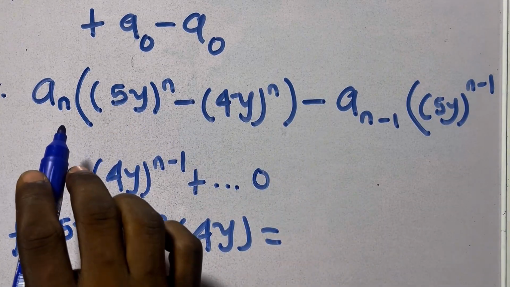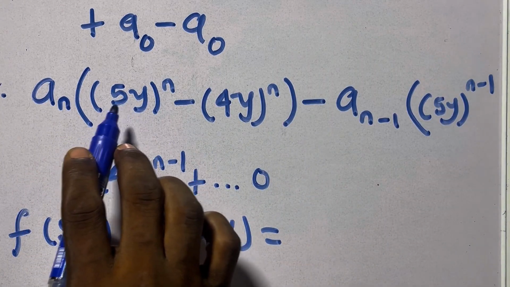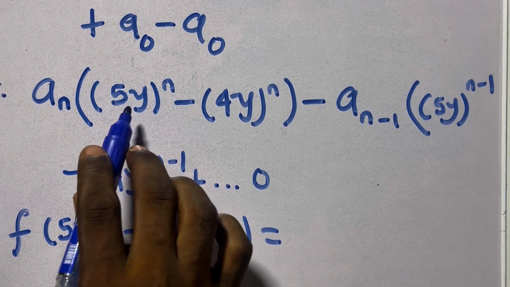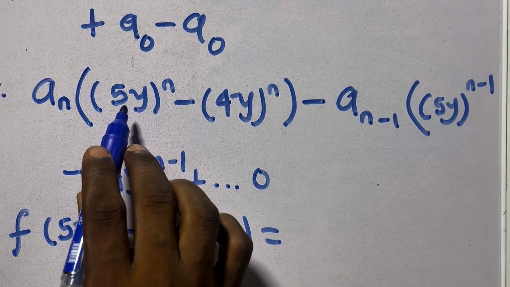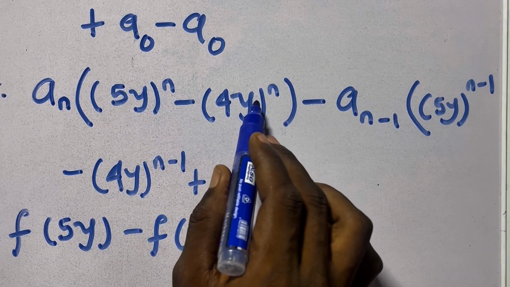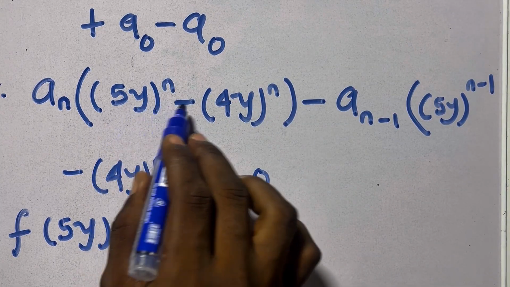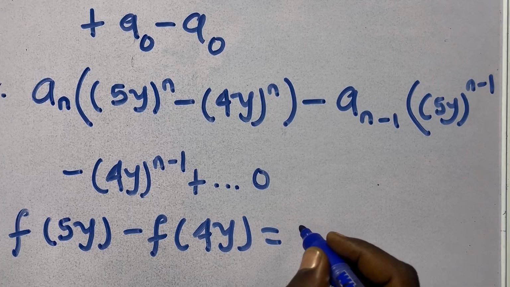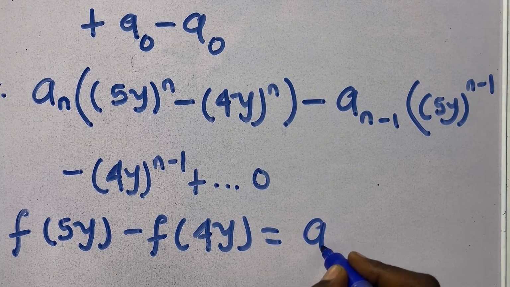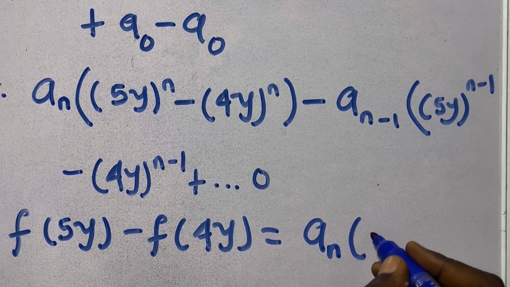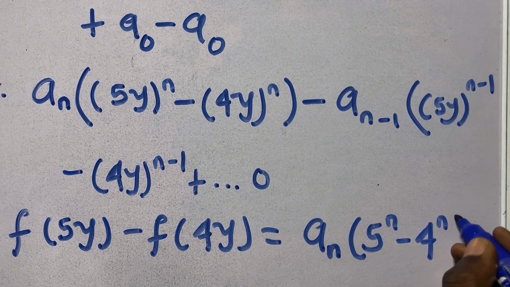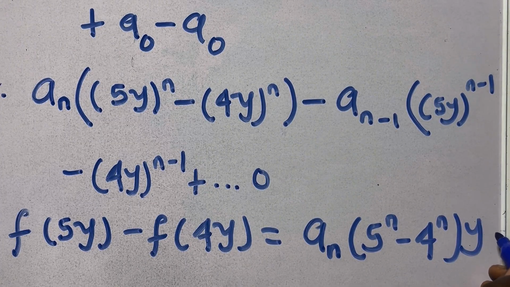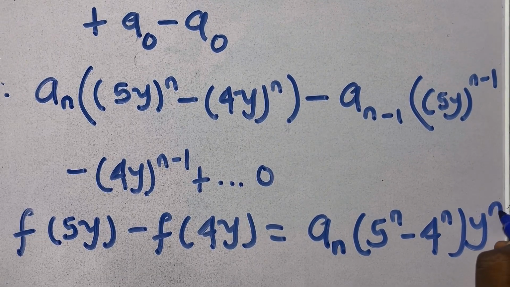you realize that we have y in common, so we have a distributive property here, so that we have 5 raised to power n minus 4 raised to power n. Then we have y raised to power n in common, so that we have a subscript n, then 5 raised to power n minus 4 raised to power n, y raised to power n.